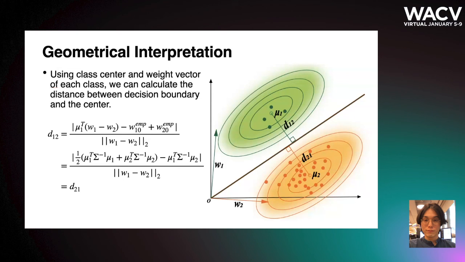Geometrically, our model makes the decision boundary be drawn in the middle of each class center. We can calculate the distance between the decision boundary and the class center using the weight vectors and the feature mean vectors. With the trained offset, the decision boundary has a different value due to the imbalanced data distribution.